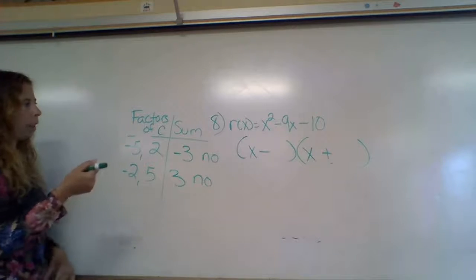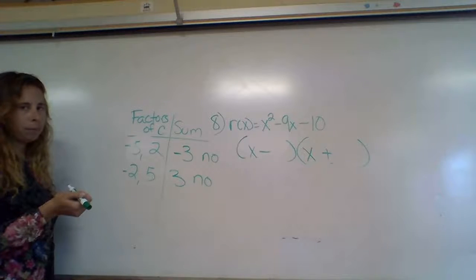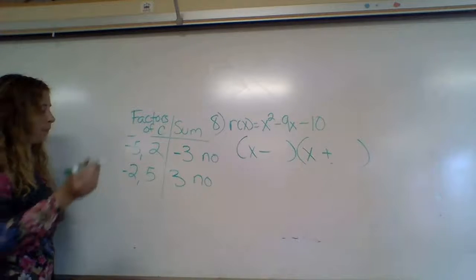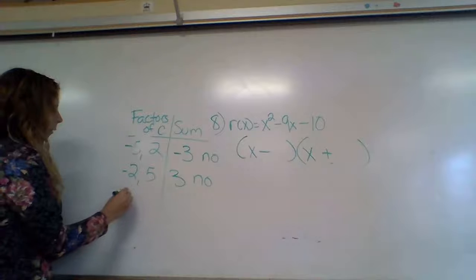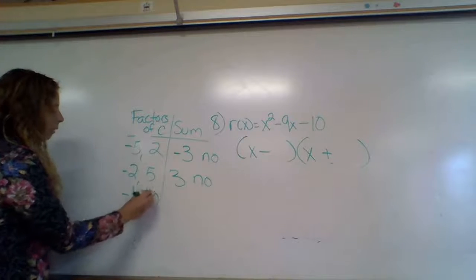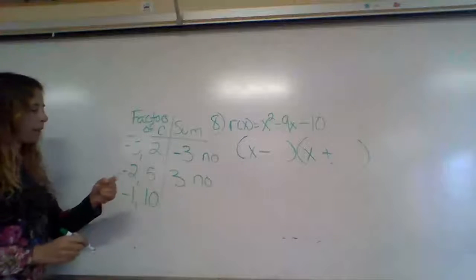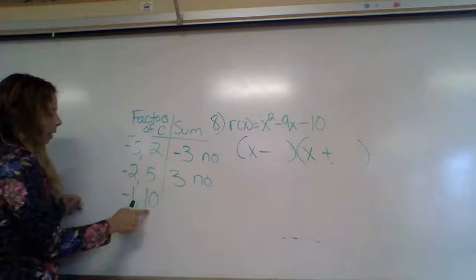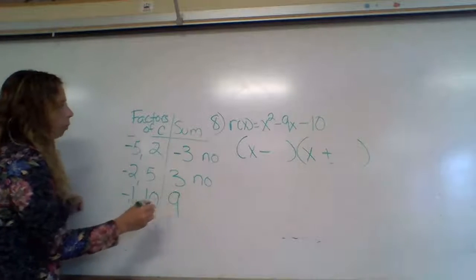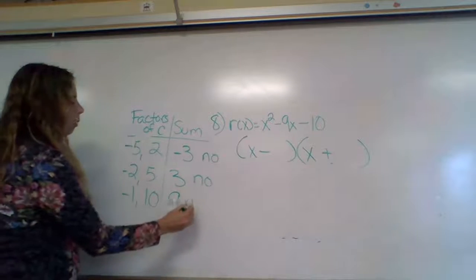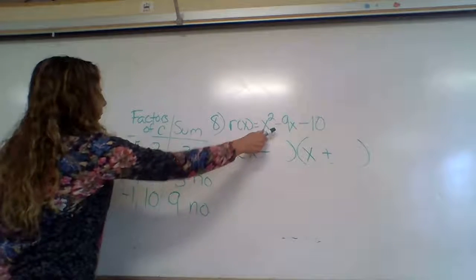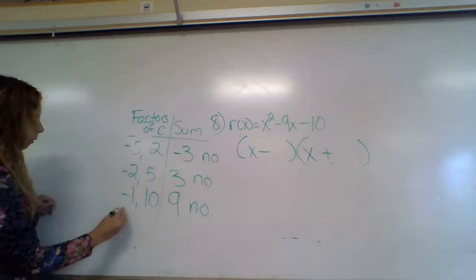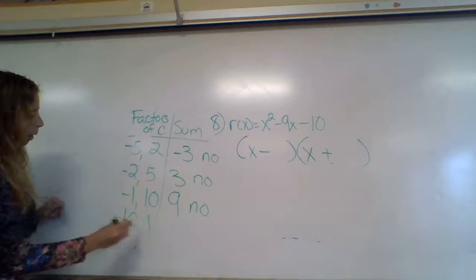Other factors of 10. You have -1 and +10. That equals -10, but if I add them up, I get 10 minus 1, that's +9. That's close, but no. I need it to be negative. So let's switch it: -10 and +1.